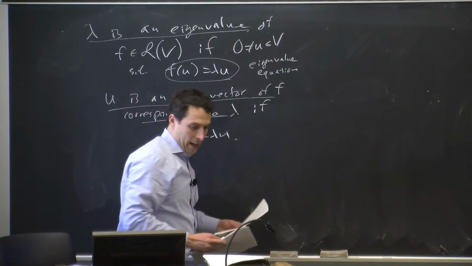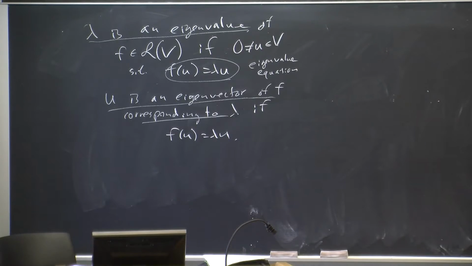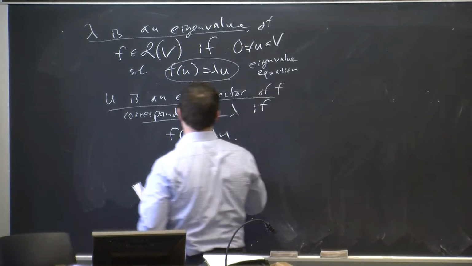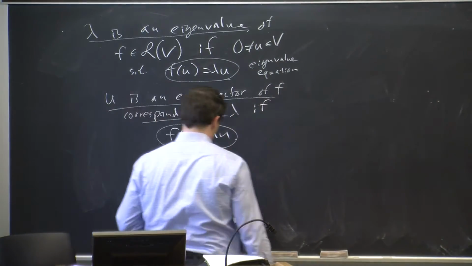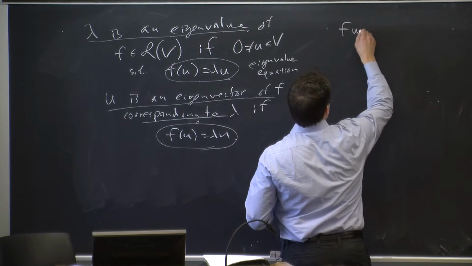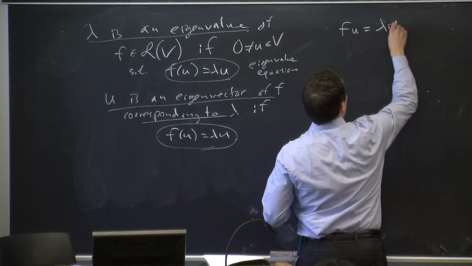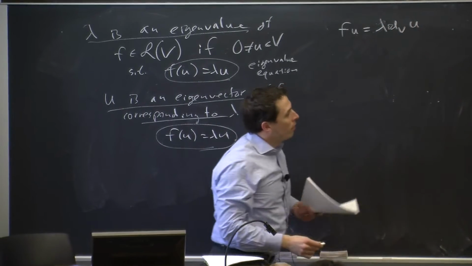And we had a couple of different characterizations of that. So you can rephrase this eigenvalue equation as f u equals lambda times id v times u.